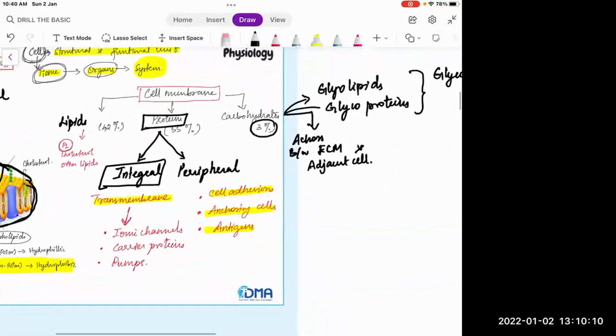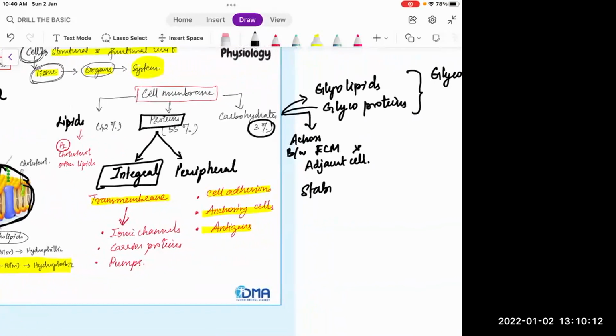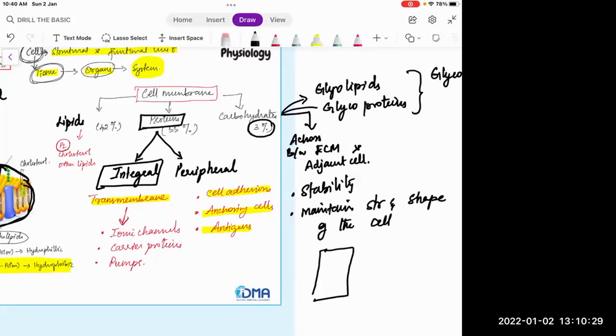It gives stability to the cell, and it maintains the structure and the shape of the cell. So when you talk about the cell, you can determine this is a cell. This stability of the cell membrane is given by the carbohydrates.